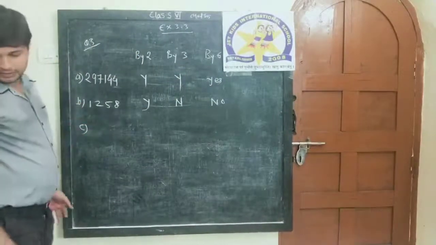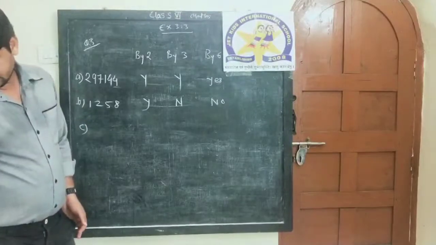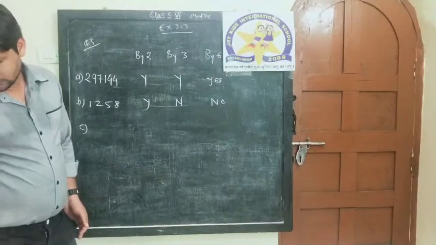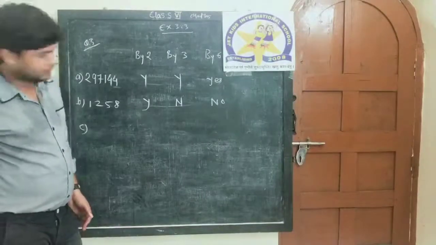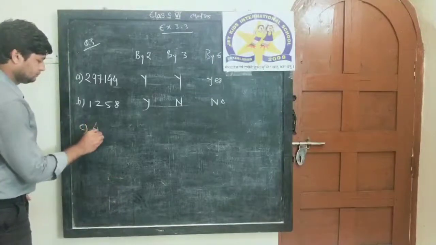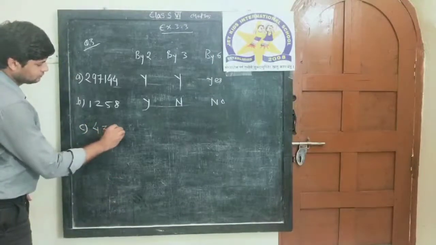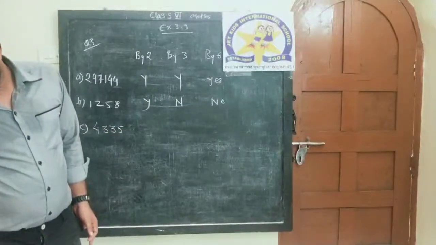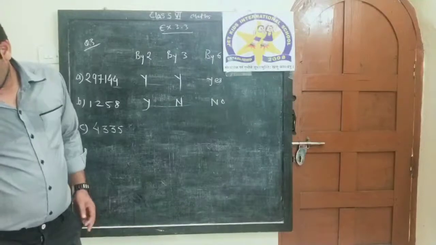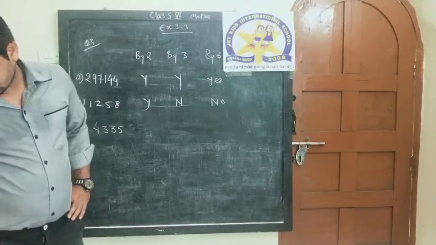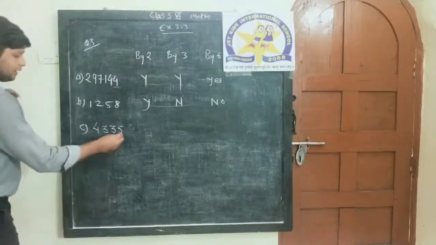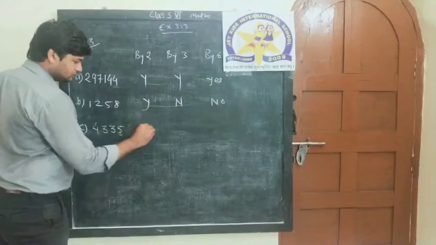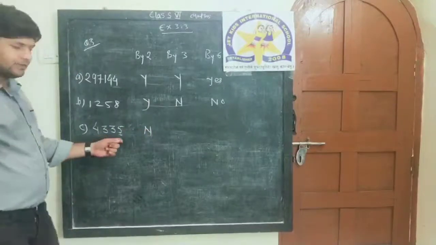C. What is C? C is 4335. But I want to check it once. Yeah, clear. 4335. Now check this out. Here it is no, it is not divisible by 2, because we have an odd number here.